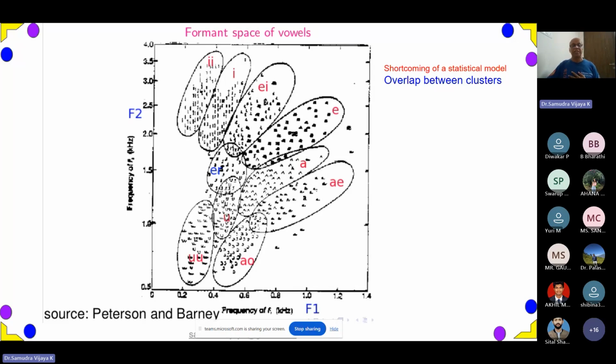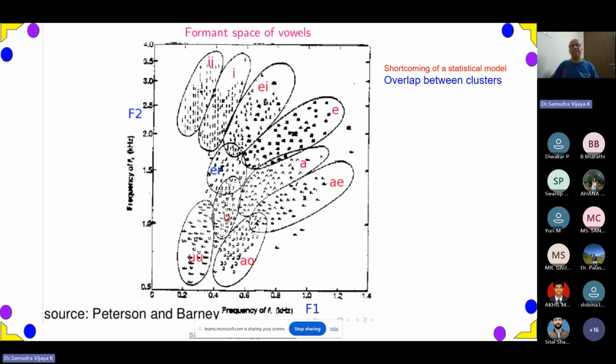Why? Because suppose an adult male like me, a tall person, speaks the vowel ah. I'm tall, my head is also large, so the resonant cavity is longer and the resonant frequency is smaller. So the sounds spoken by male adult speakers have lower frequency.